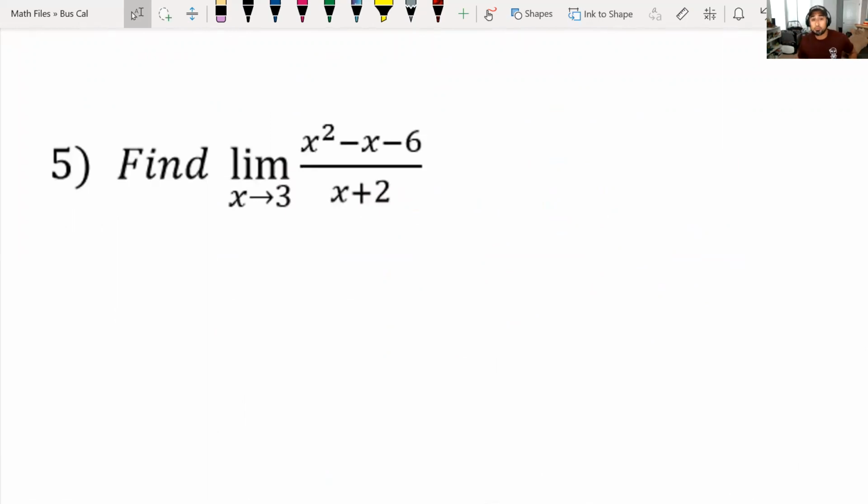5. Find the limit as x approaches 3 of x squared minus x minus 6 over x plus 2. And again, let's go off the thing we know. Plug the number in and hope for the best. And if we get something bad, then let's go back and start over.